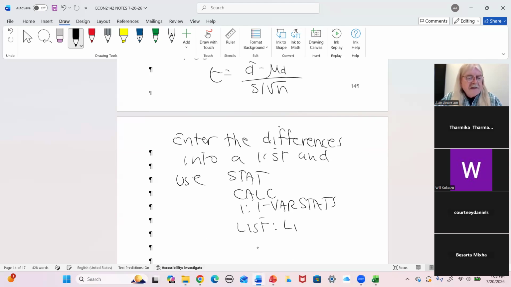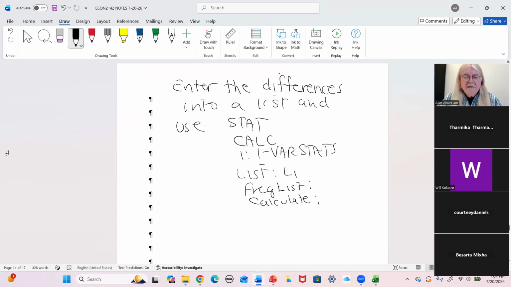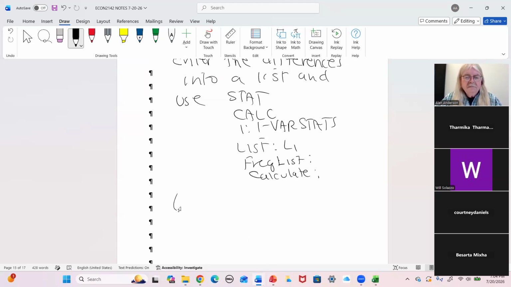I just assume you put it back in L1. And you'll get all the data you need. It should be SD down there.